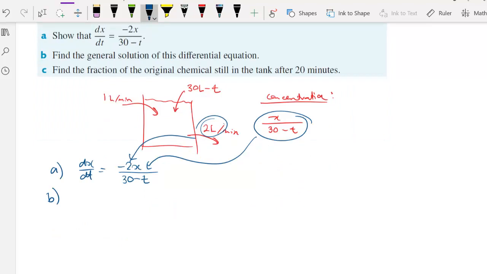Now part B asks us to find a general solution of this differential. So we've got dx/dt equal to -2x/(30 - t). We want to group the -2x with a dx, and we want to group the 30 - t with a dt. So let's go ahead and do that. We can say this is -1/(2x) dx, and on the other side we have 1/(30 - t) dt.